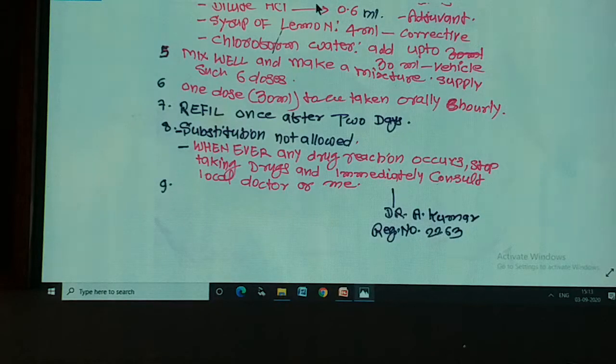That is, drug should be dispensed by the pharmacist only once on the same dated prescription, but only after 2 days. Other special instruction, that is substitution not allowed. It means that in inscriptions, different drug ingredients indicated are quinine sulfate, dilute HCl, syrup lemon, and chloroform water.